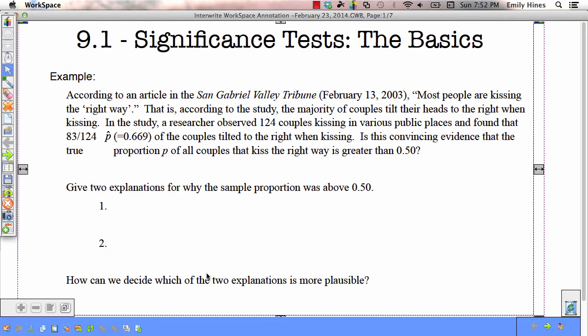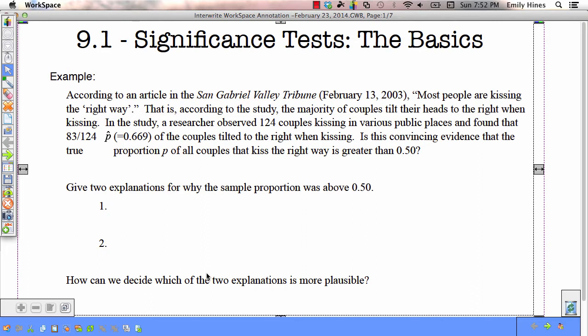So, for example, let's say that M&M or Mars Company says that 30% of all M&Ms are blue. Well, we may take a sample and see that 15% of our M&Ms are blue.